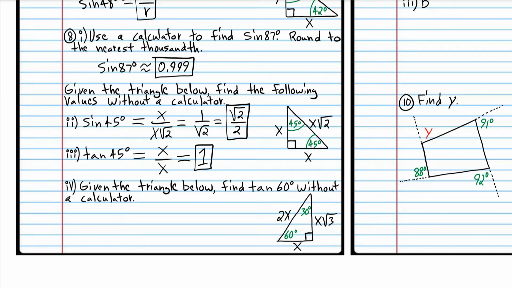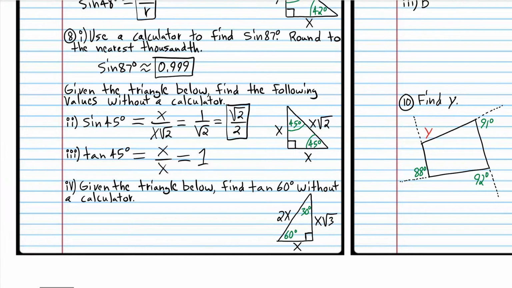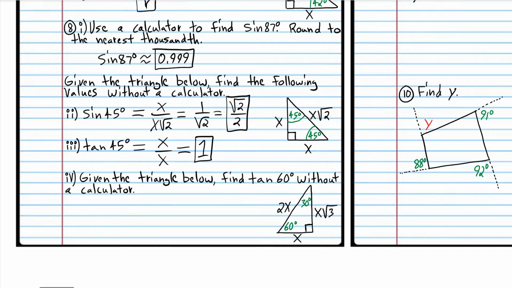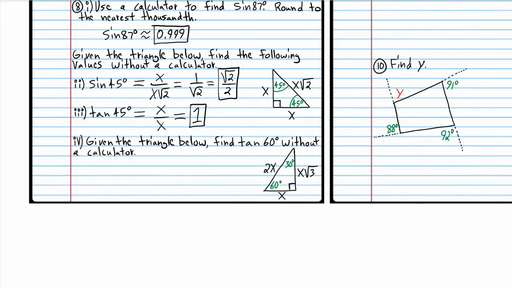So, again, it doesn't matter how big or small the triangles are. If the side relations fit this description in these pictures, then when you divide, you're going to get the same ratio. So we don't need a calculator to figure out these certain angles.